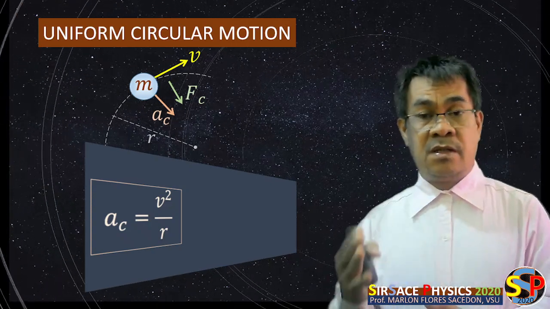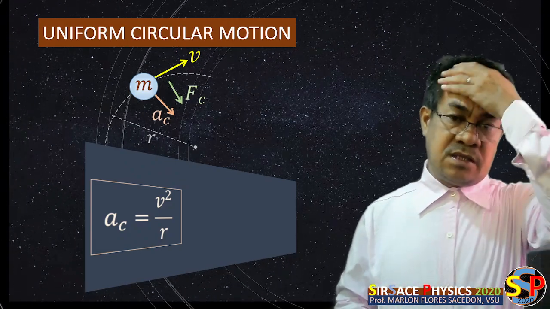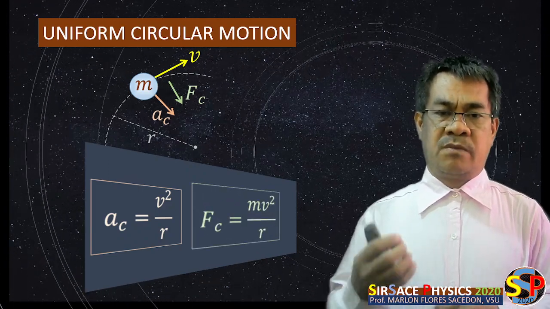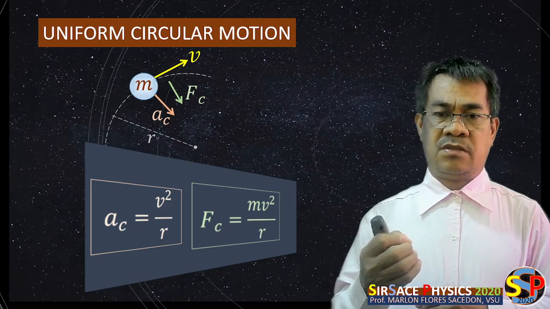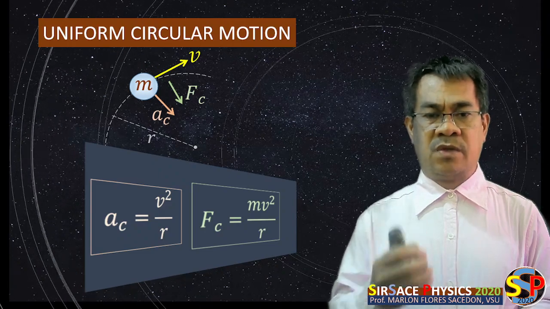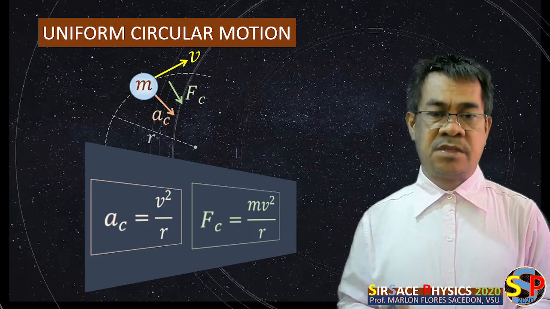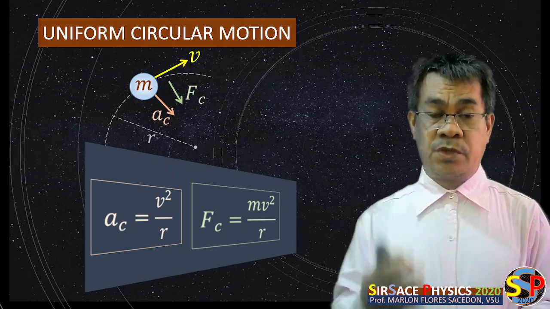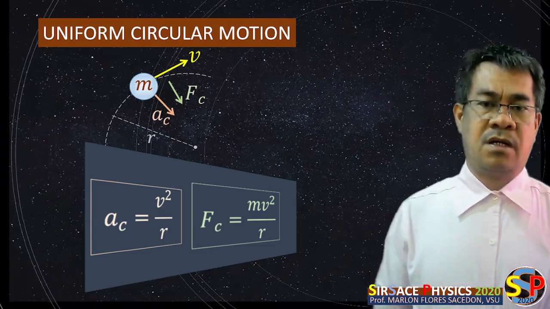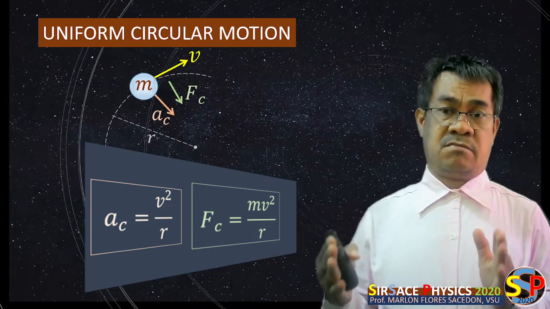Hence, if we multiply the mass of the moving particle and the centripetal acceleration, the result is mv squared over r. We can notice that the centripetal force is directly proportional to mass, directly proportional to the square of the velocity, and inversely proportional to r. These are the relations we obtained in that discussion.